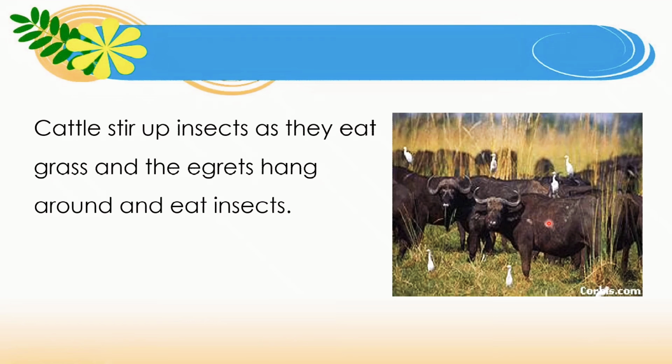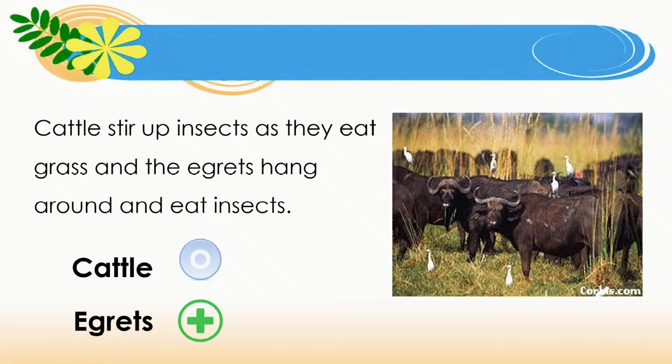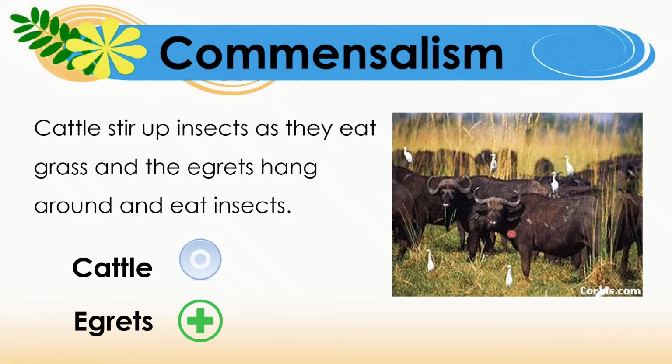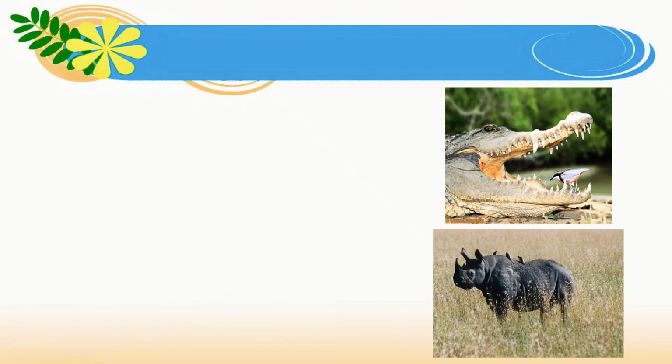So of course these egrets can get food from the flying insects, but this cattle is not harmed. So again, the cattle is neutral, so we have 0, and we have the egrets, they get food from it, so it's positive. Okay, so they have what we call the commensalism relationship.